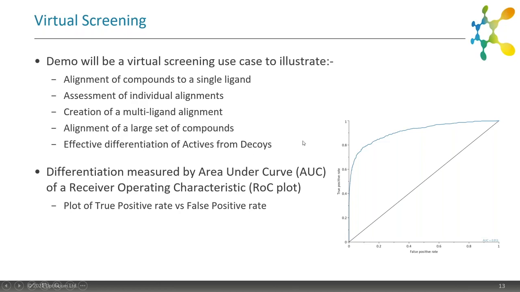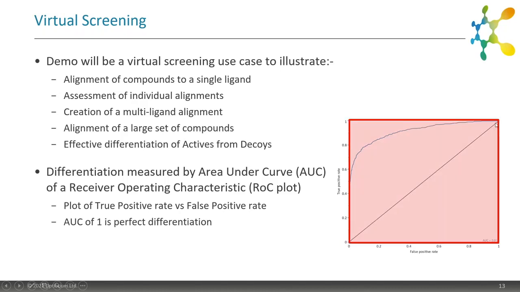Now, the way that we're going to be doing this is by using the statistics of area under the curve from a ROC plot here. This is a plot of true positive rate versus false positive rate. Essentially, if we get an ordering of all the positives before all the negatives, actives before the decoys, we would have a curve that would go up here and across, and the area under that curve would be 1.